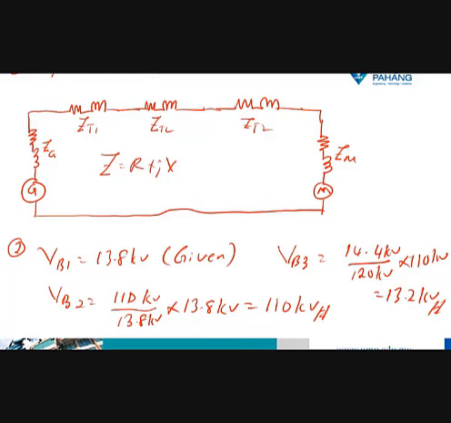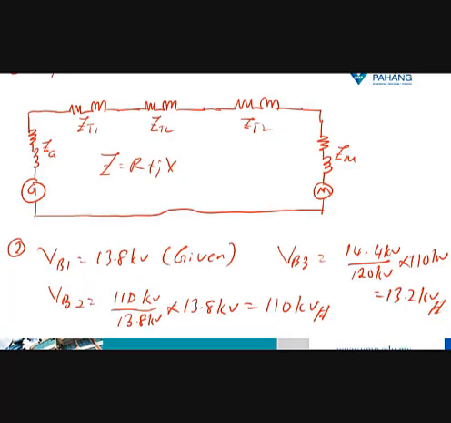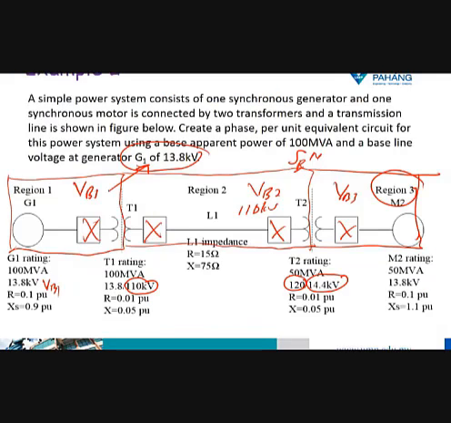Okay, now we move to the third step. In the third step, we calculate the per unit values starting from the generator. If you look at these values, R for the generator and X for the generator are all in per units.